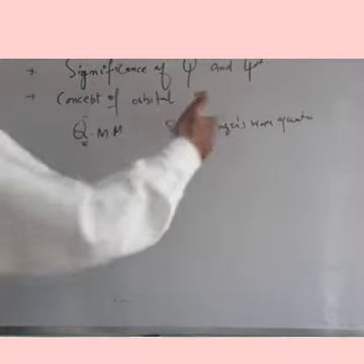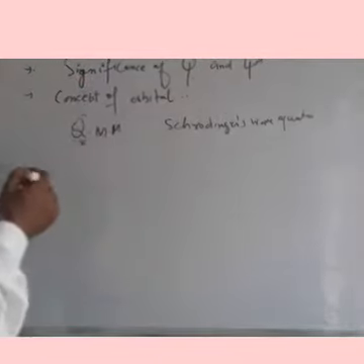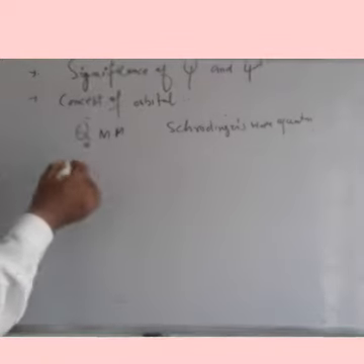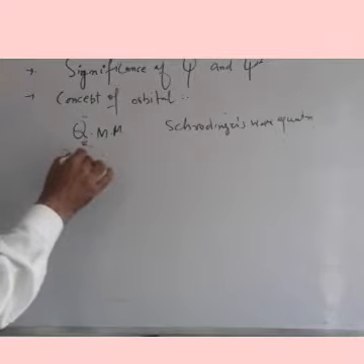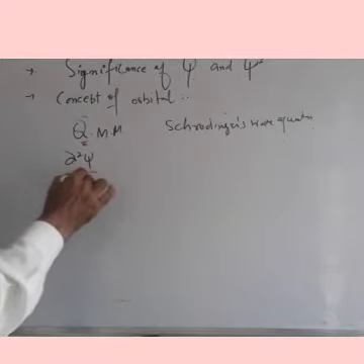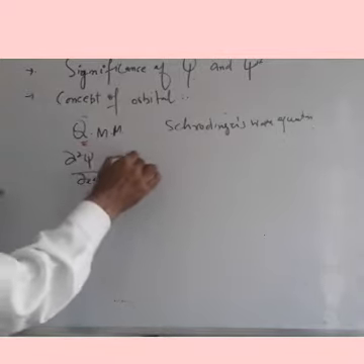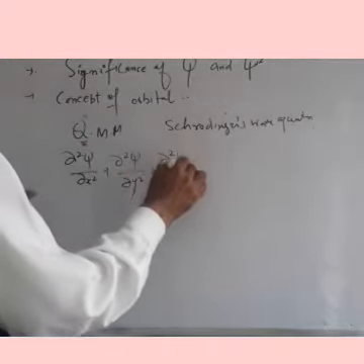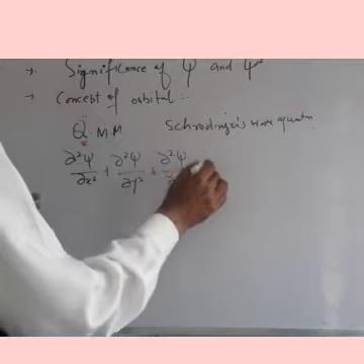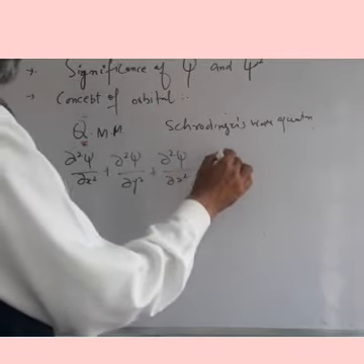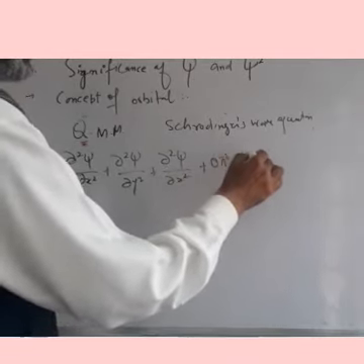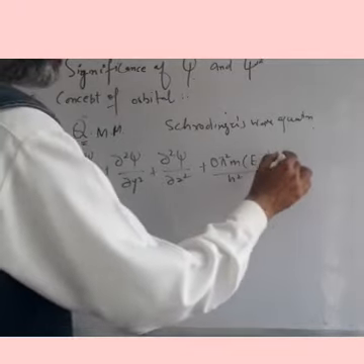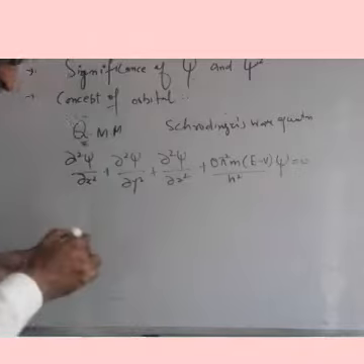So we can write the equation in 3 dimensions, that is d square psi divided by dx square plus d square psi divided by dy square plus d square psi divided by dz square plus 8 pi square m (E minus V) divided by h square psi is equal to 0.